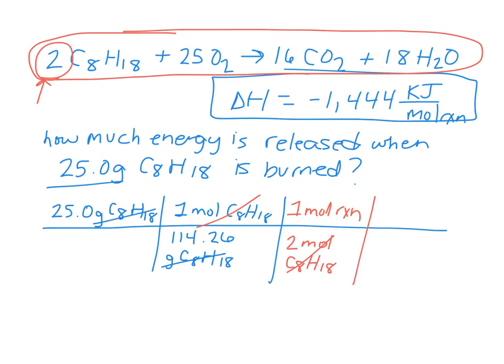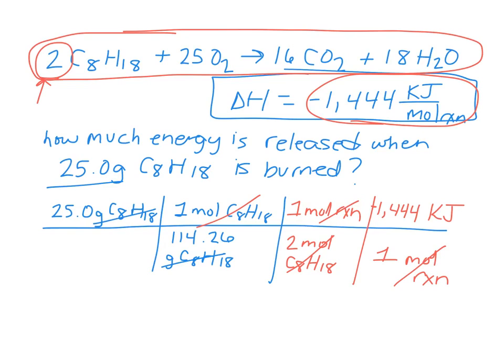Now I want to cancel out moles of reaction and convert that into kilojoules. That's where this number comes in. I can go ahead and plug it in as negative 1,444 kilojoules per 1 mole of reaction. That gets rid of moles of reaction and converts it into kilojoules.